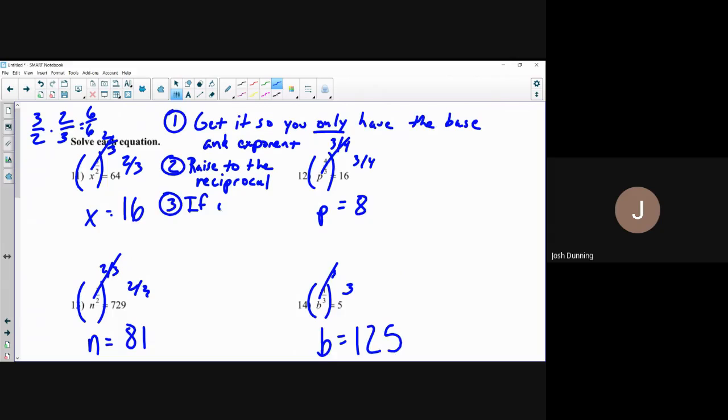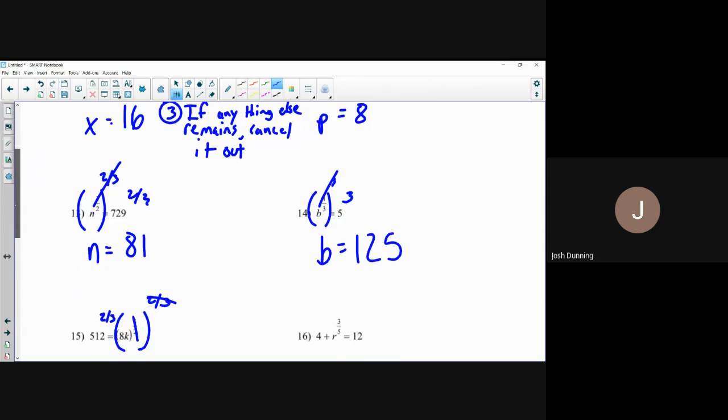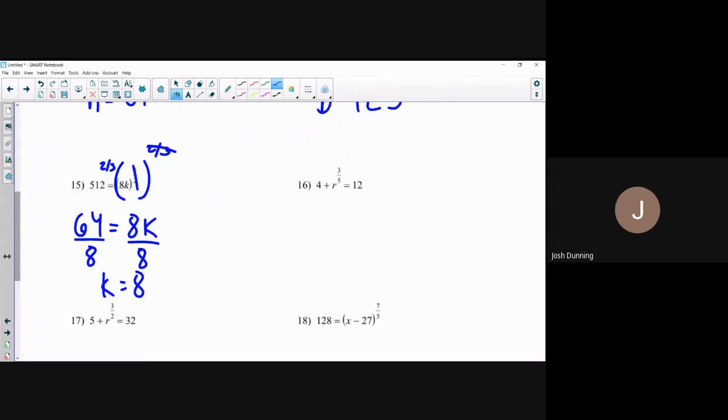If anything else remains with your variable, cancel it out. You're not going to have a ton of work at the end, but if there's anything stuck on the variable, cancel it out.